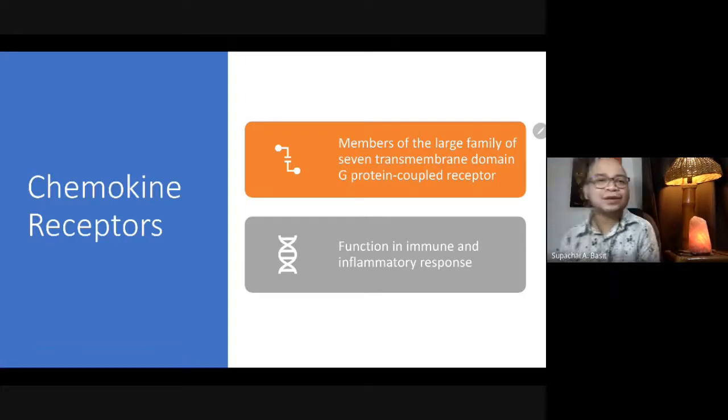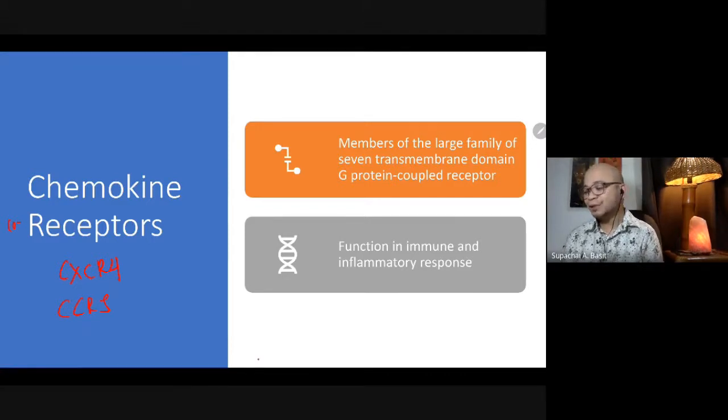Okay, so a while ago, we were talking about CXCR4 and CCR5. We call them the chemokine co-receptors. They are very important for the transmission and replication of the HIV because the virus will not be able to enter our T helper cell without the presence of these chemokine co-receptors.